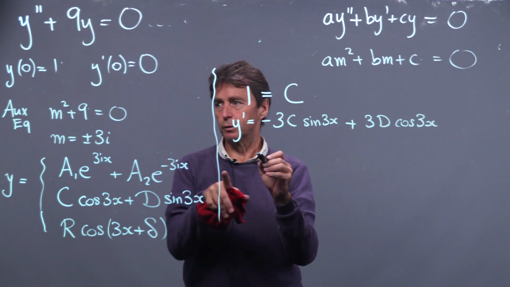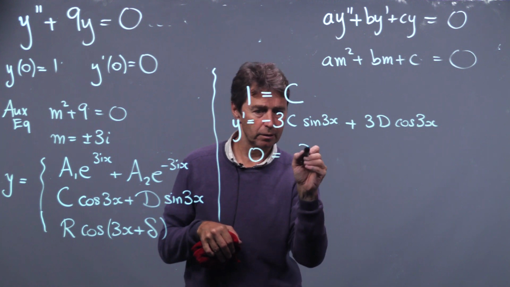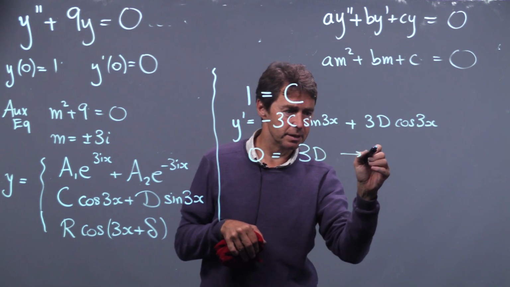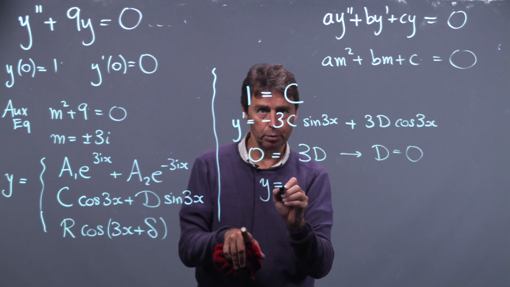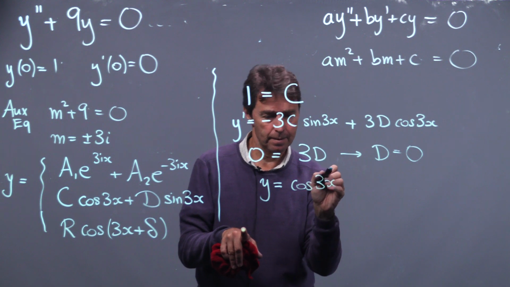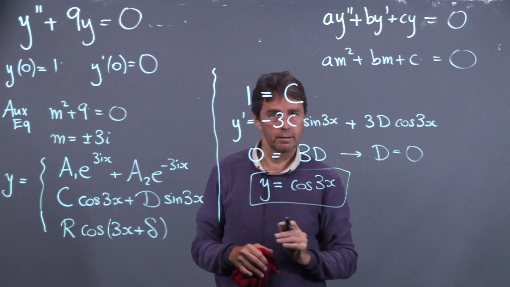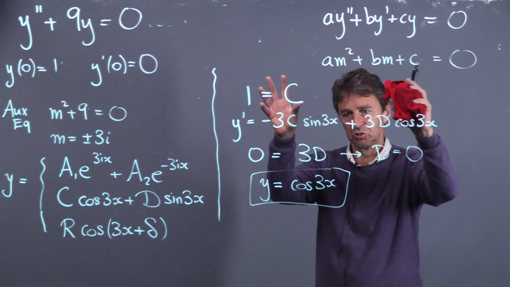Now I put x equal to 0, and I have to get 0. Sine of 0 is 0, so I get that d is equal to 0. So the solution is simply cosine of 3x. There it is, nice. So the algebra there was simple, everything was real, straightforward.